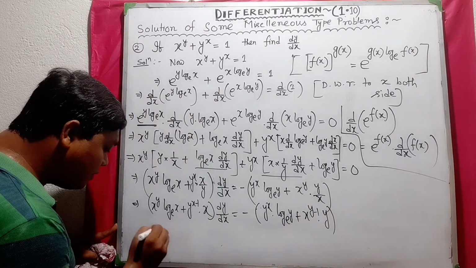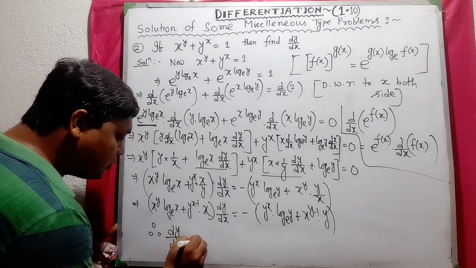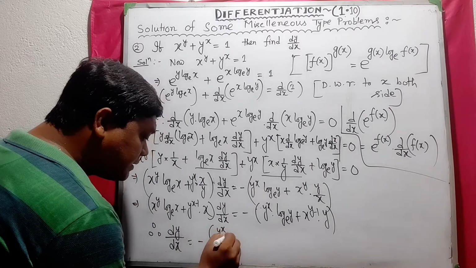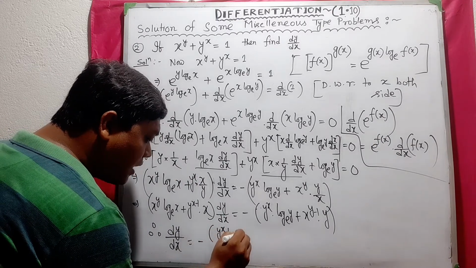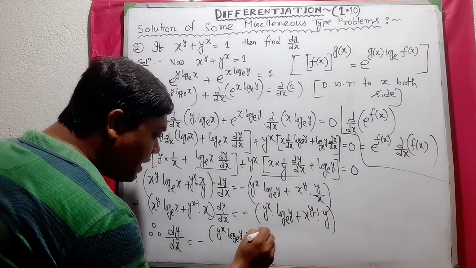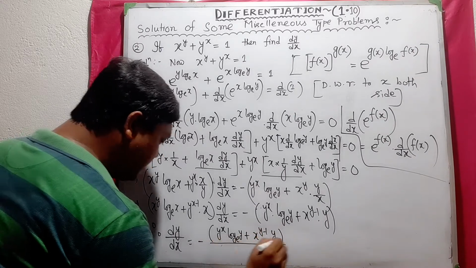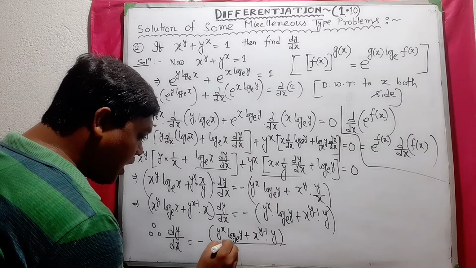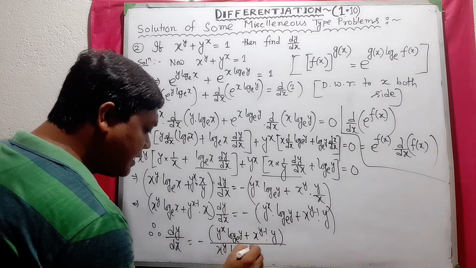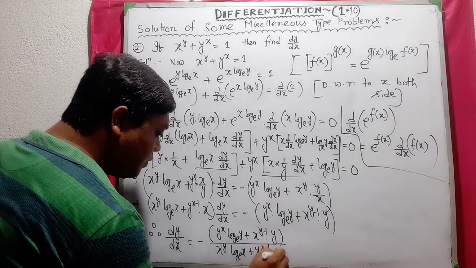Therefore dy/dx equals minus y to the power x log y base e plus x to the power y minus 1 into y, by x to the power y log x base e plus y to the power x minus 1 into x.